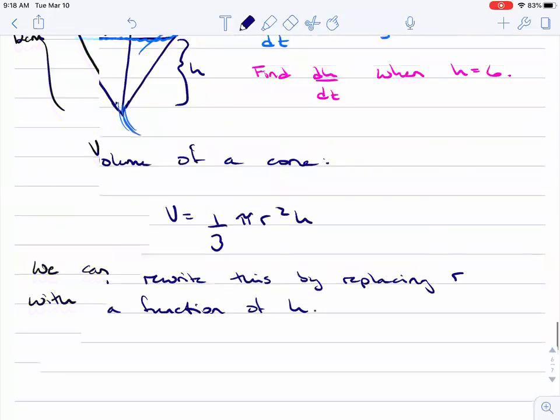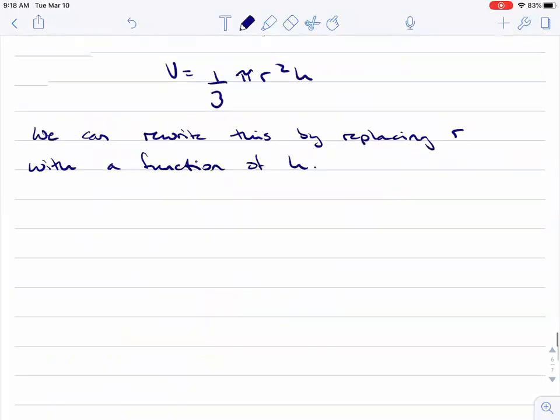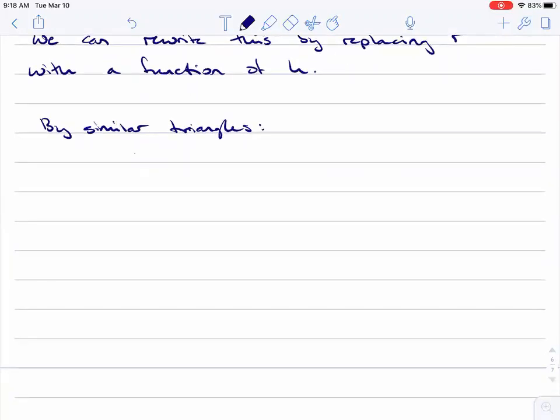Okay, so how are we going to relate r and h? Well, I can use similar triangles again, because I know h is to 12 as r is to 5. So by similar triangles, we said that 5 is to 12 as r is to h.